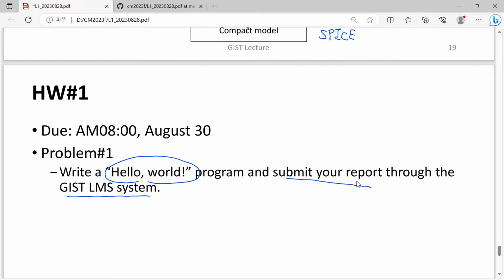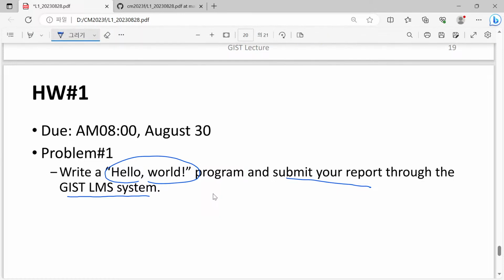Your report can be quite short, so you don't have to explain every detail of your program. But we have two purposes. One is that you have to start programming in your own environment. I have no specific requirement on your development environment.